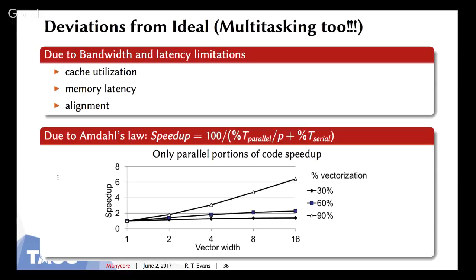And so this is a little indication of the speed up you would get. Let's say your code is 90% vectorized. 90% of your code runs with full vectorization. And so if my vector width is 16, I'm getting a speed up of 6. Now, this is something that's very easy to test, because with the Intel compiler, I'm not sure if you can do this with GNU, but you can compile with an option that says no vec.